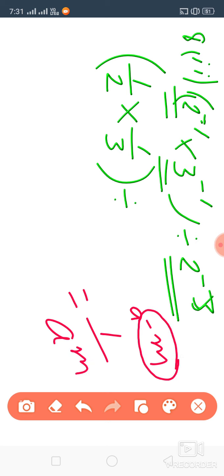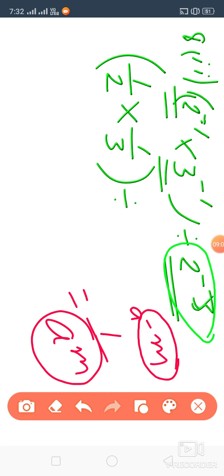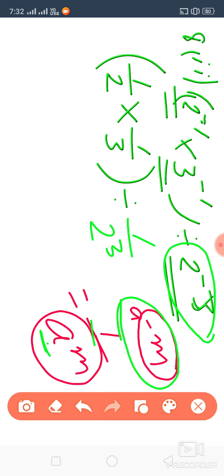This minus exponent becomes plus by taking its reciprocal, isn't it? So in the same way, 2 to the power minus 3 will become, just like a to the power minus m becomes 1 by a to the power m, 1 by 2 to the power 3. This much it will become.